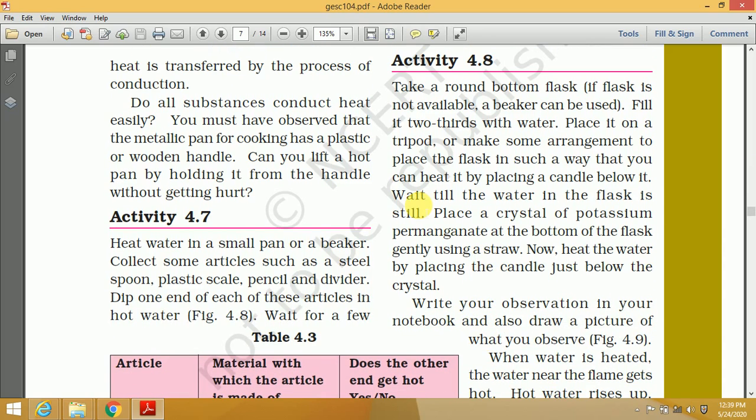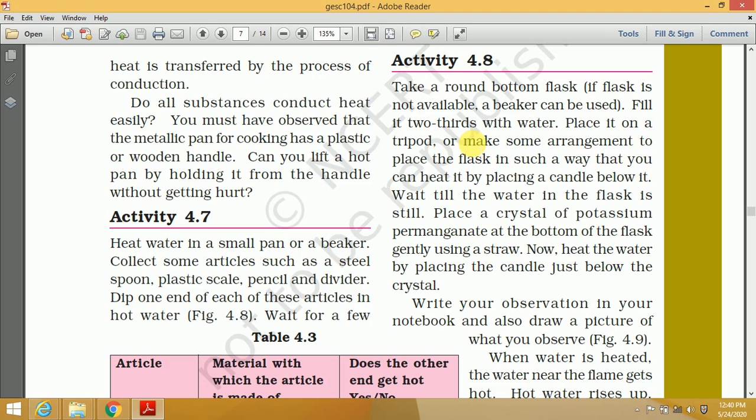So here this is the activity. Take a round bottom flask. If the flask is not available, a beaker can be used. Fill it 2/3 with water. Place it on the tripod or make some arrangements to place the flask in such a way that you can heat it by placing a candle below it.